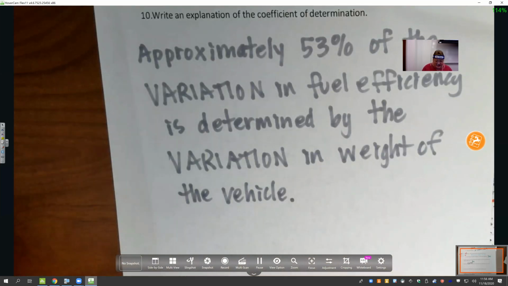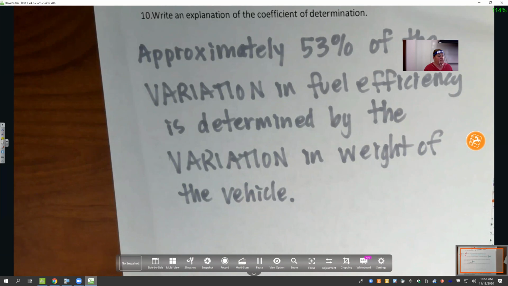So obviously, in this particular scenario, there are other factors we would need to consider when thinking about fuel efficiency. I mean, 53% leaves almost another 50% of something else that's affecting it. Could it be road conditions? Could it be tire pressure?